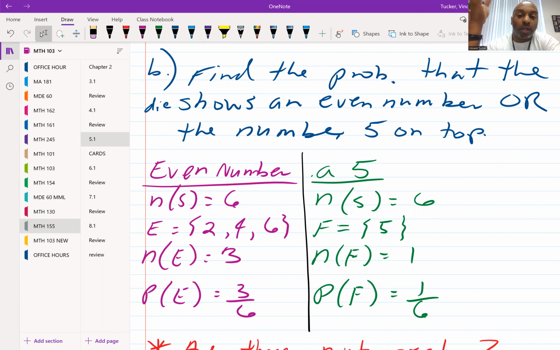So now if you're talking about rolling a 5, sample space is still 6. But how many 5s are there? Just 1. So that'll be 1/6 as our probability of rolling a 5.